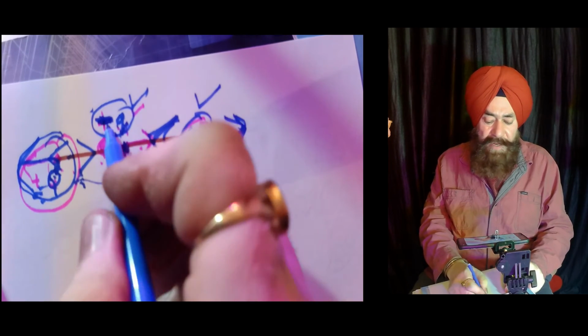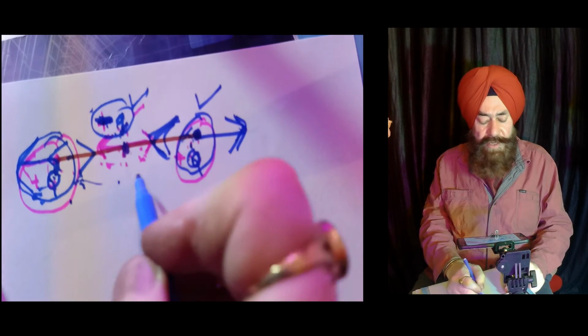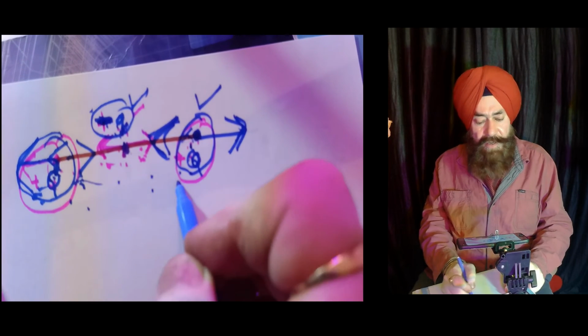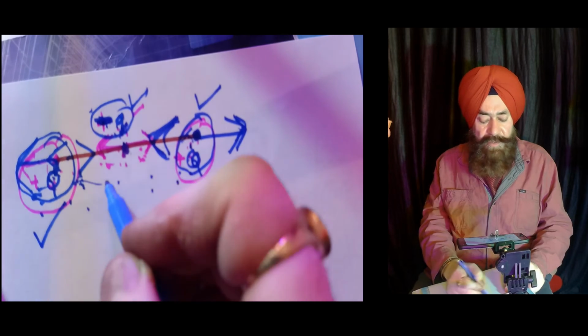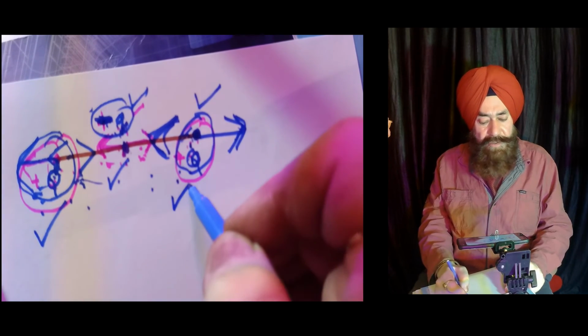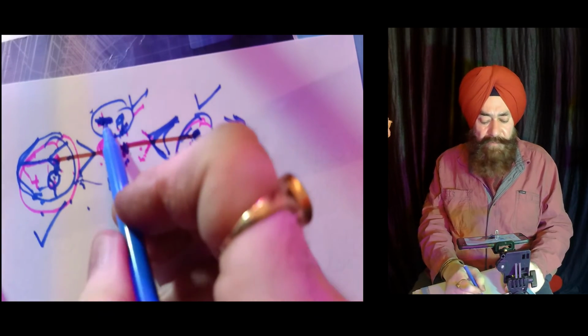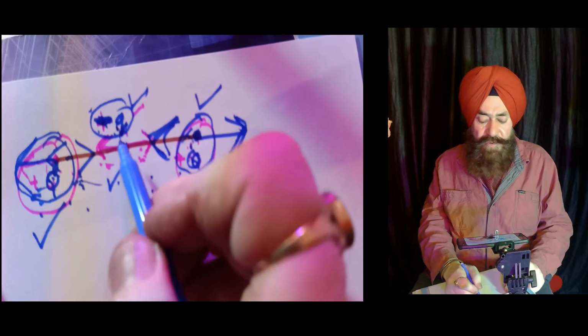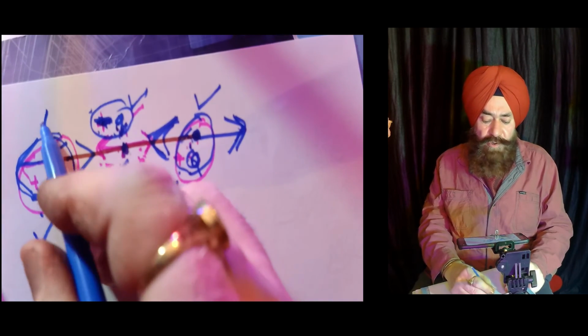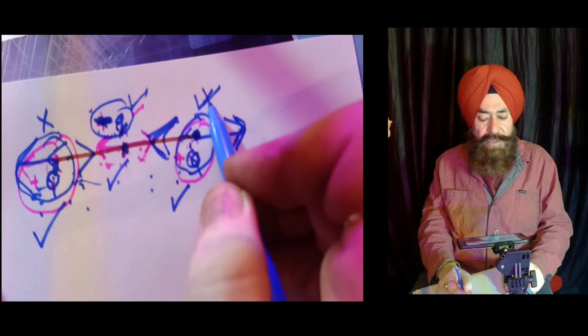So with minus q, the whole system comes in equilibrium. Net force on this will be 0, on this will be 0, on this will be 0. But if it is of positive sign, then net force on this charge will be 0, but not on this charge and not on this charge. So one thing is clear.